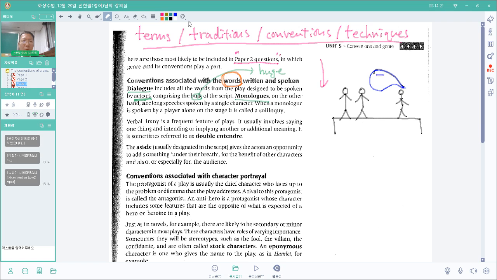Making a long speech like that is a monologue. When a monologue is spoken by a player alone on the stage, it is called a soliloquy. So when there are no other characters on the stage, and only one character speaks a long speech, it's called a soliloquy.